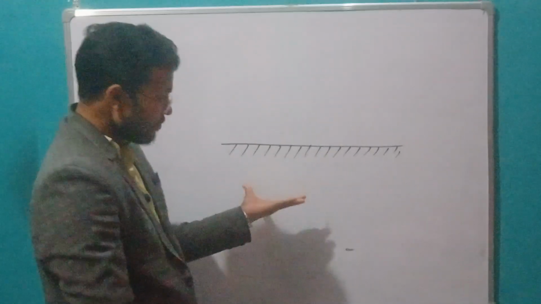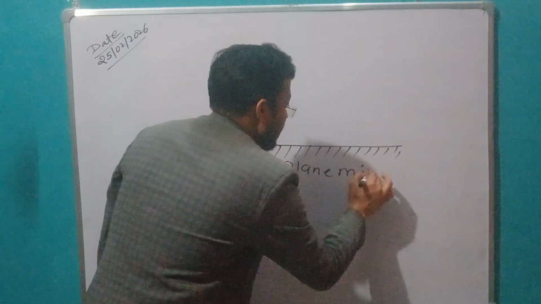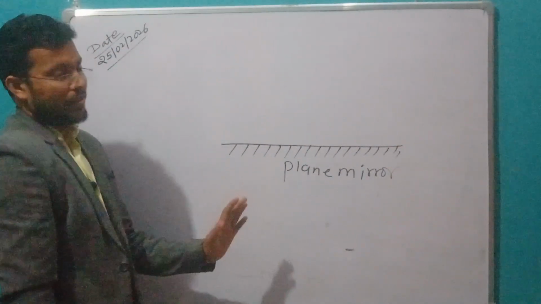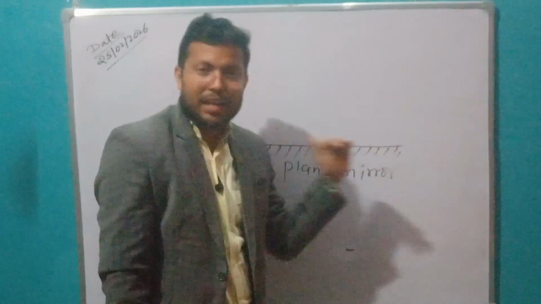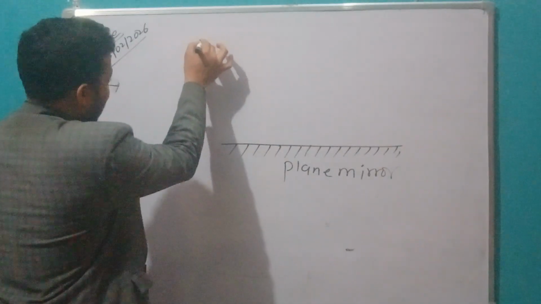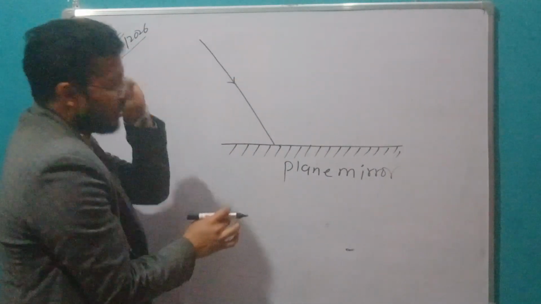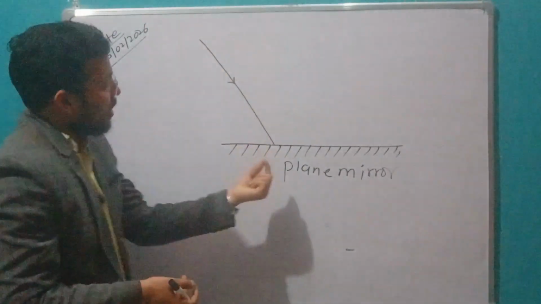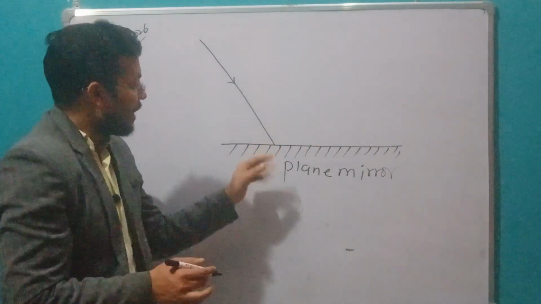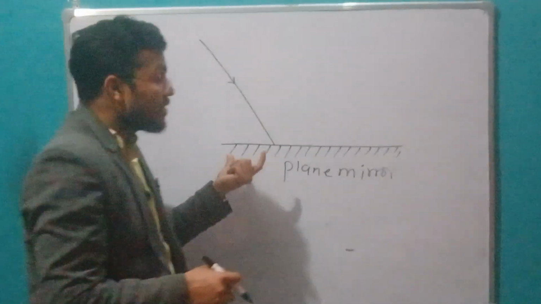So you see here what happens when light falls on this plane mirror, this smooth plane surface. When a ray of light falls on the plane mirror at this point, the mirror never allows light to pass through because it is not transparent.